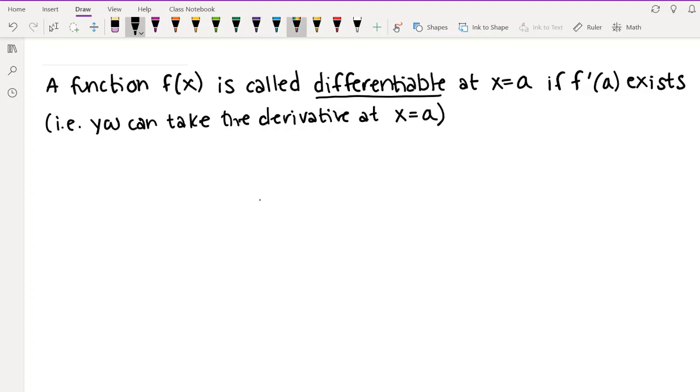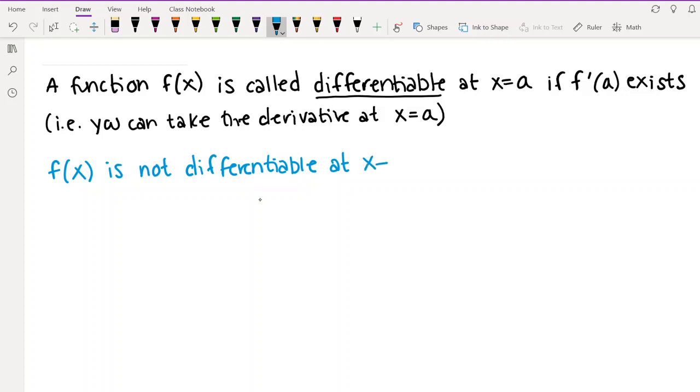So I'll say f of x is not differentiable at x is equal to a if any of the following occurs.